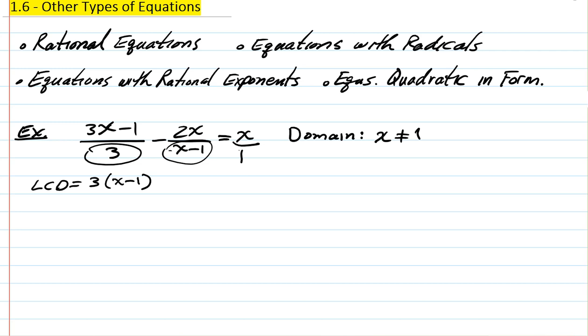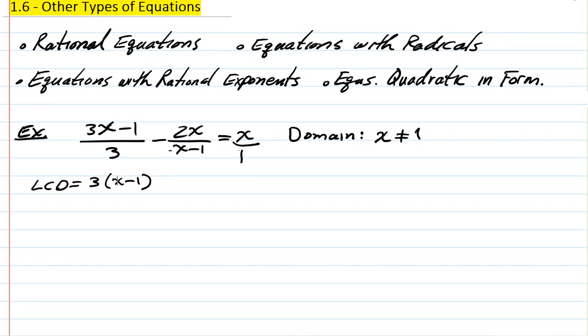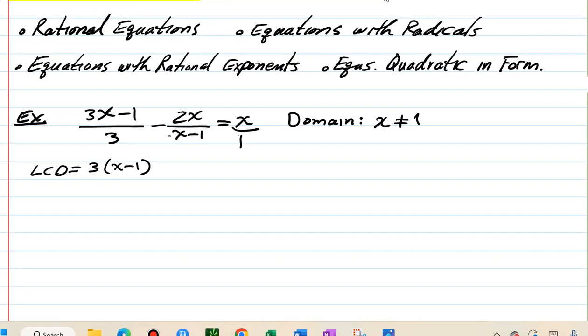So we want the LCD of 1, x minus 1, and 3, the least expression that's divisible by all 3. It's going to be this. Once we have identified the LCD, the next step is to actually build each fraction to the LCD. So that's what I'm going to do next.